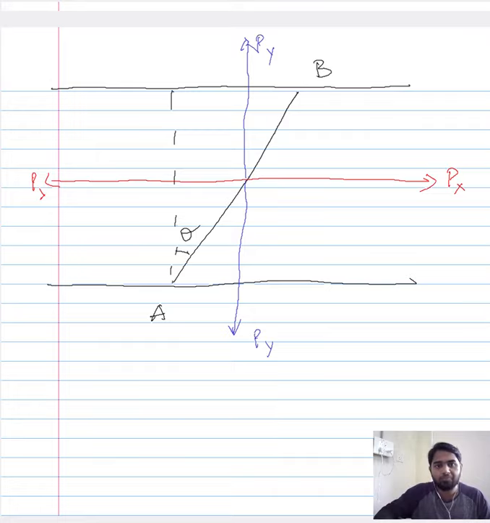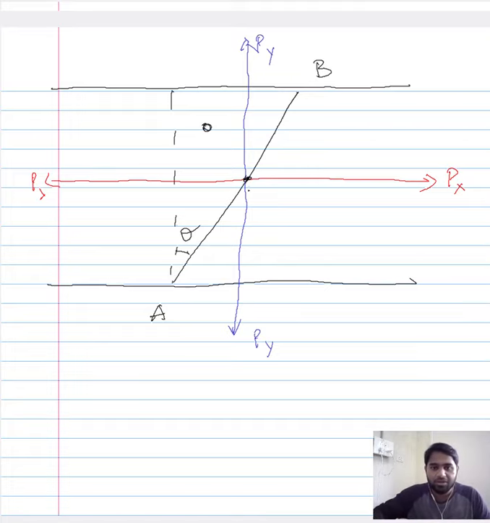Now we have to determine the different angles around this point, let us assume it to be O. We have to determine different angles around the point O in order for us to quantify the normal stress and the shear stress.